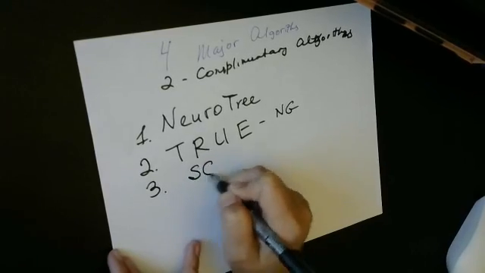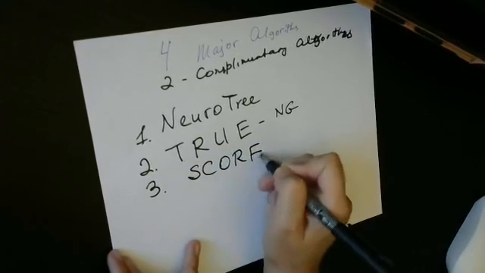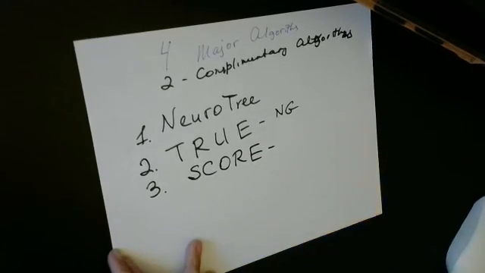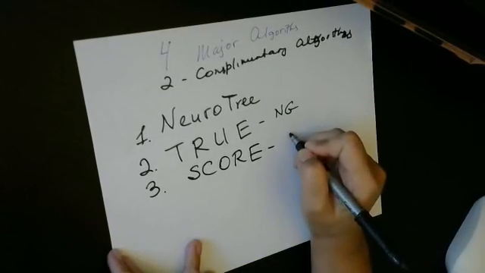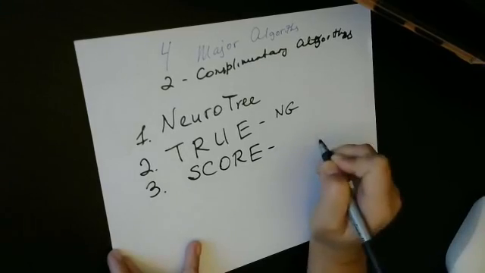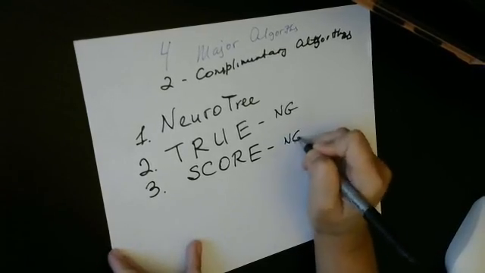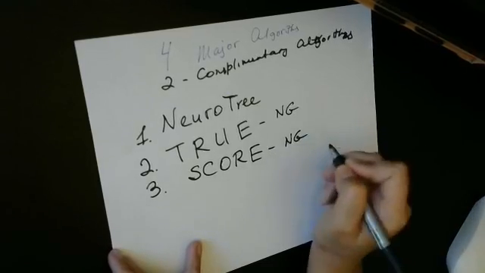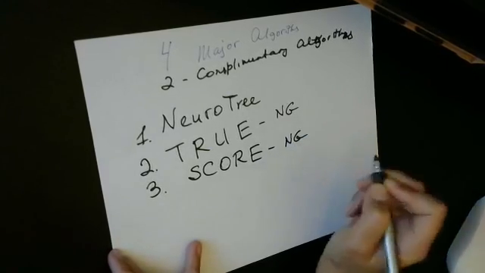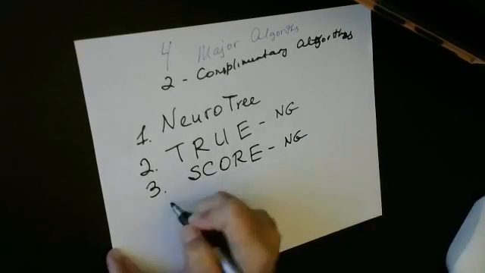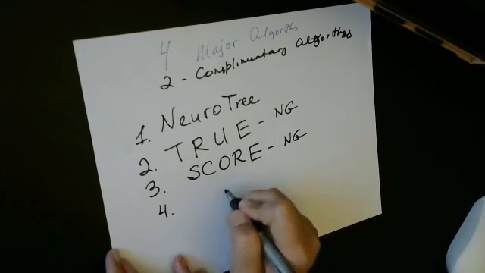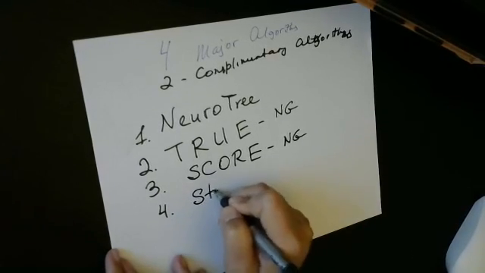The next topic we have is the SCORE. That's also a very famous coaching technique, right? And again, I will be showing how you can use the drawing, the Neurographica, within that technique to help your client get to new realms of understanding and realization of getting to their goal. And the fourth algorithm is called the STRATUS.